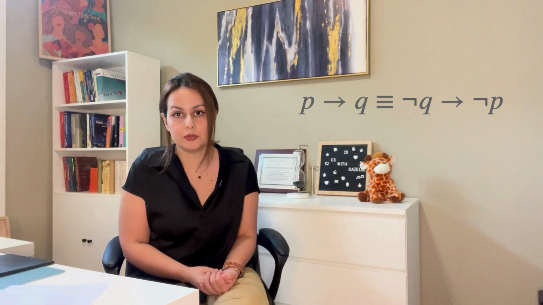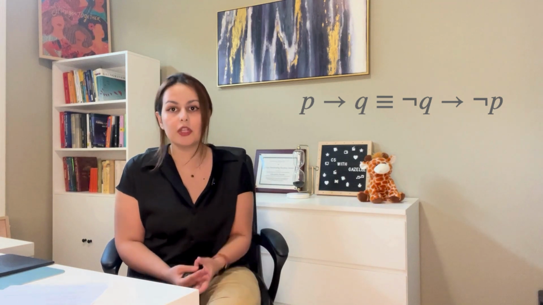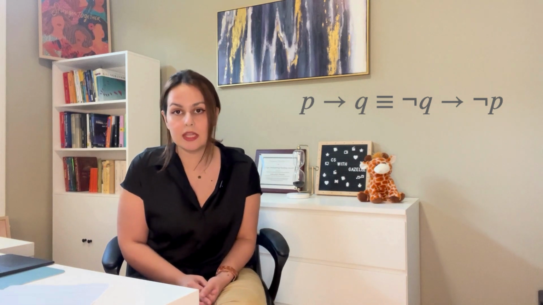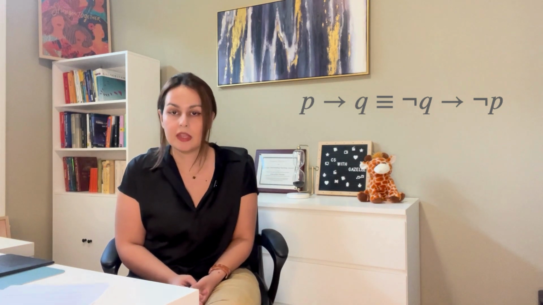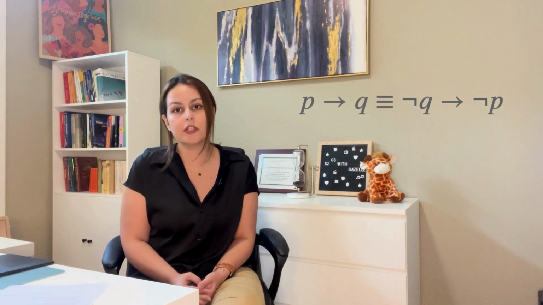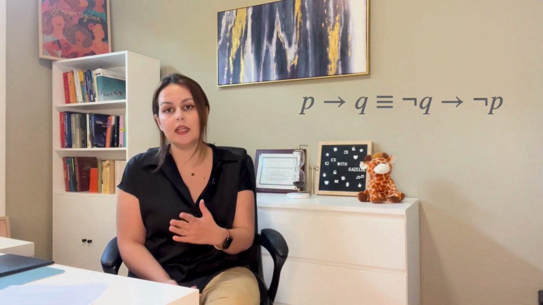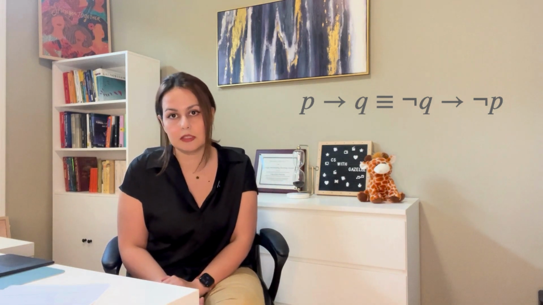We can show it in a truth table, or we can actually think about that. Let's say we have P statement as today is Monday, and Q is I have discrete math class. So P then Q is if today is Monday, then I have discrete math class.